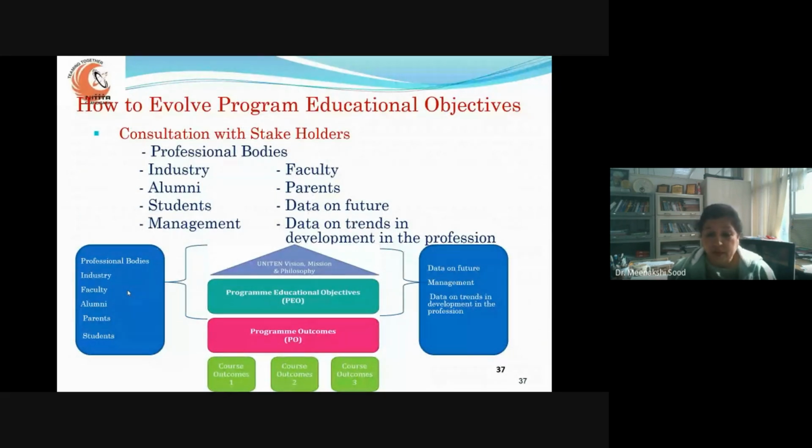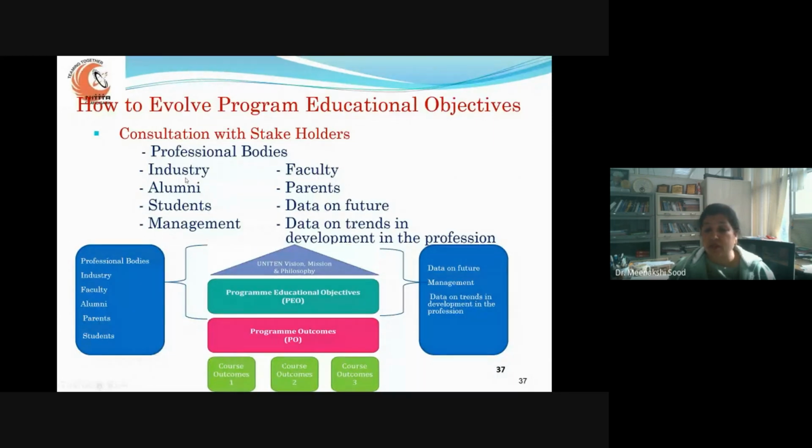When you frame or modify them, involvement of stakeholders is very important. A representative of every stakeholder should be in the committee. Faculty will obviously be there, and students, but alumni should also be there, employers from industry, a management person, and if you can, even a parent.